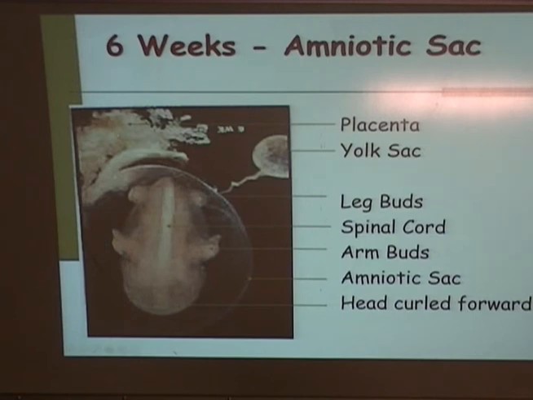Here's the placenta, here's the yolk sac, this is the amniotic sac. Okay. Now the placenta is interesting, it doesn't attach until between weeks 2 and 3. So during the first couple of weeks, that baby has no link to the outside.